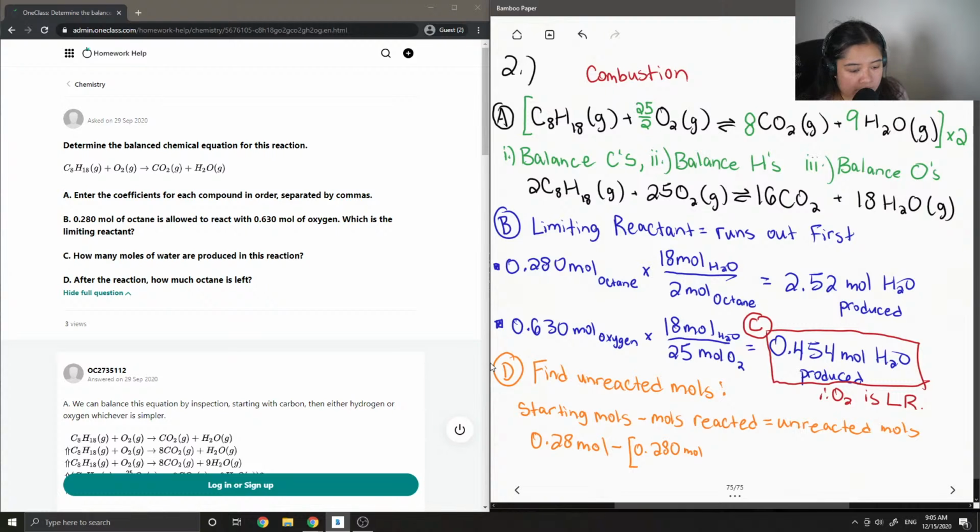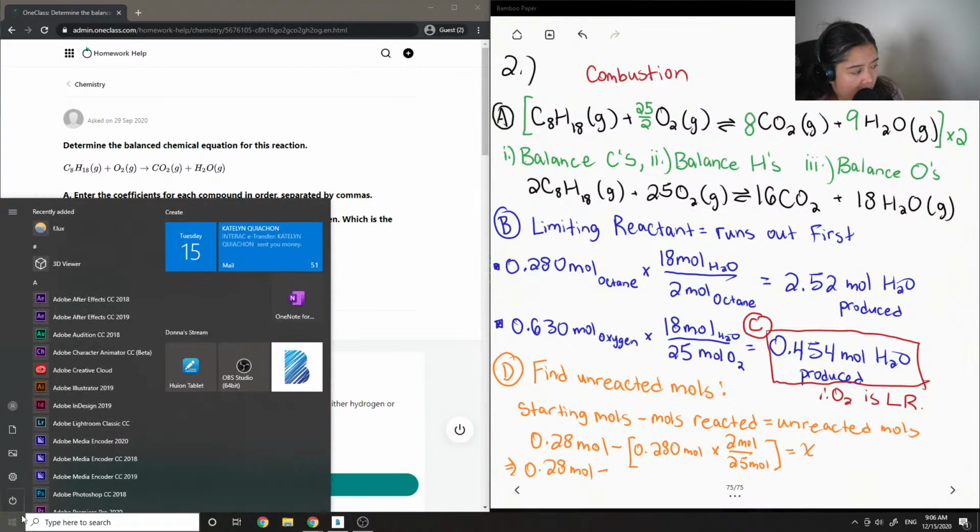Okay, so it's going to be multiplied by 2 moles over 25. And then this will give us the unreacted moles. Okay, so let me just calculate this.